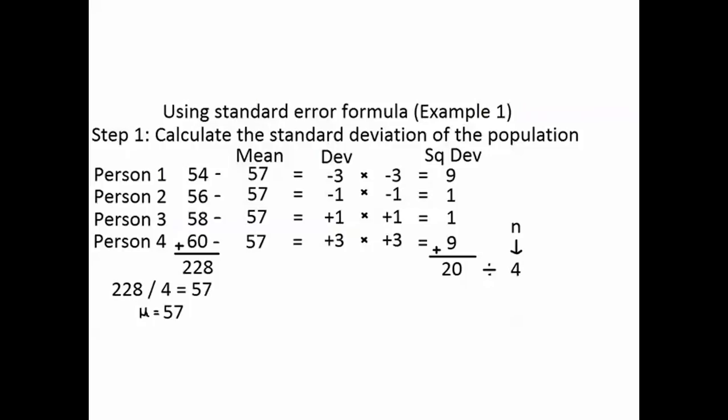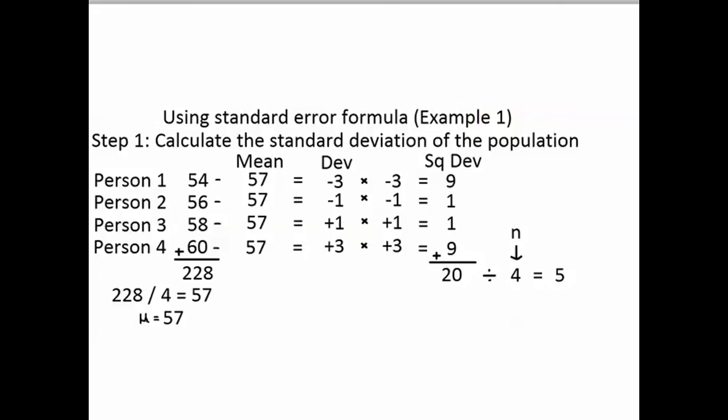I divide by 4 because it's an entire population and not a sample. The mean of the squared deviations, or the variance, comes out to 5, and the square root of the variance is the standard deviation. So the individuals in the population have a standard deviation of 2.24. In other words, the population standard deviation is 2.24.